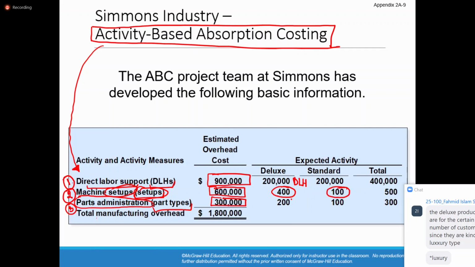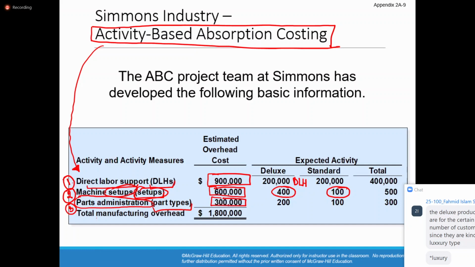And you see that with the less number of setup, you can produce the more standard type of Hedge trimmer. For producing less number of deluxe trimmers, you need more number of machine setups, because it requires more sophistication for this premium or deluxe category of Hedge trimmer.